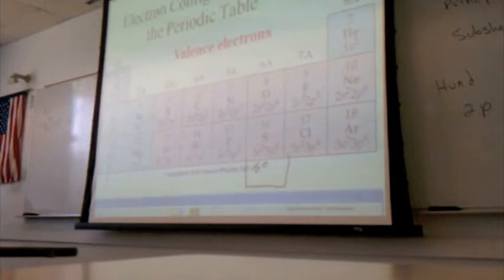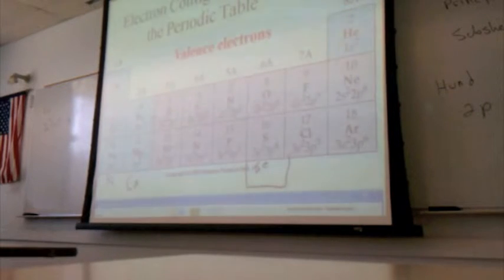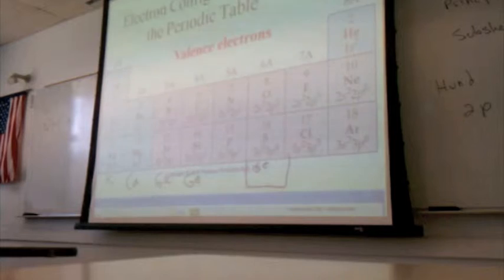There's potassium, this is calcium, and we're going to skip the d's because those are one quantum number lower, and go across to under aluminum: gallium, germanium, arsenic.